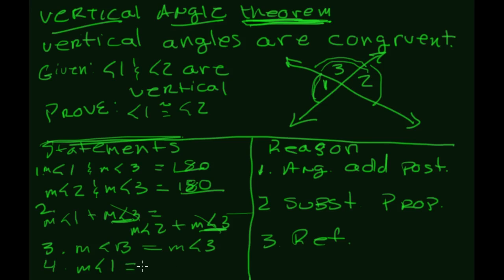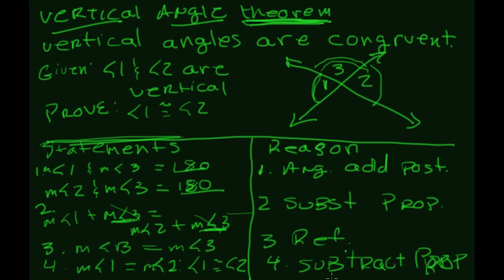Measure of angle 1 is then equal to the measure of angle 2, which means angle 1 is congruent to angle 2. What did I do there? I subtracted. This is the subtraction property. And I have now proven what I set out to prove, that angle 1 is equal to angle 2, or congruent. So we now know that this theorem is true.